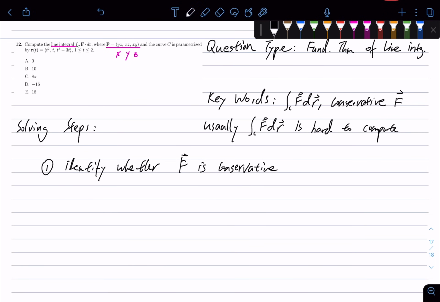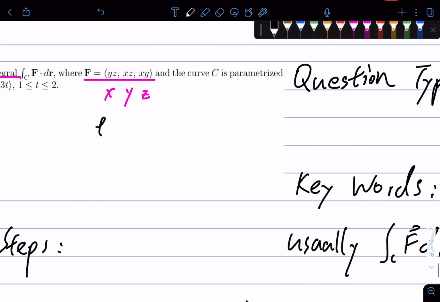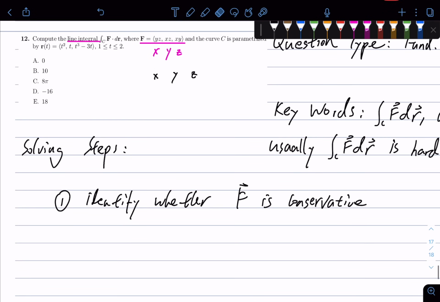Assuming f is the gradient of phi: phi_x, phi_y, phi_z. No, it's too ugly.